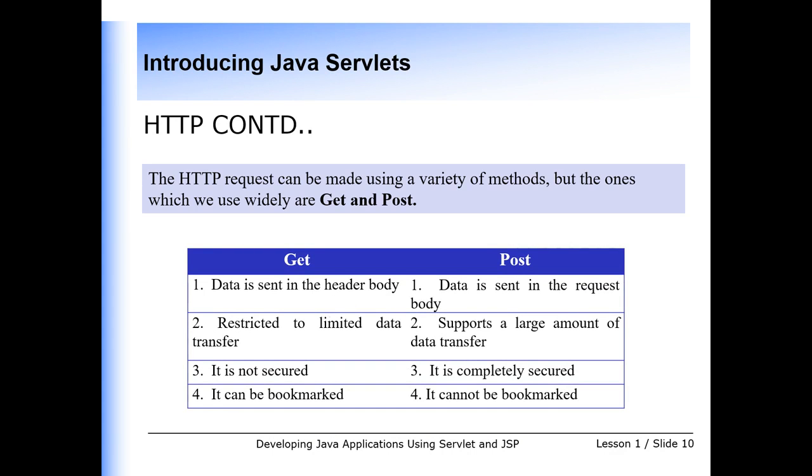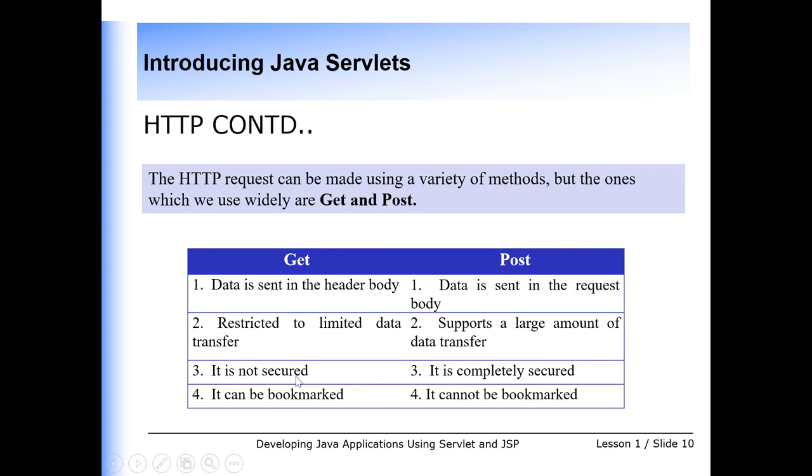In the GET method, data is sent in the header, and in the POST method, data is sent in the request body. In the GET method, data is restricted, meaning we can transfer limited data, but the POST method supports a large amount of data transfer.